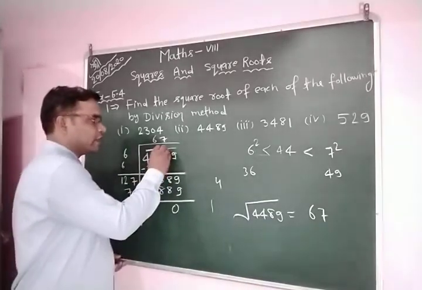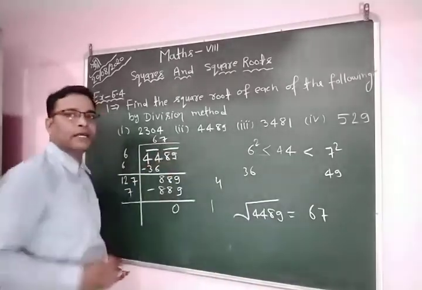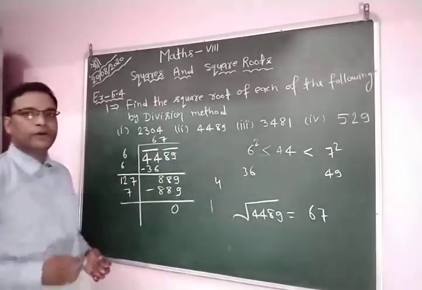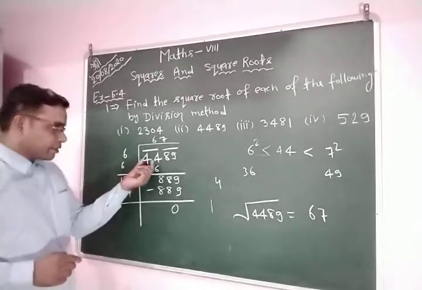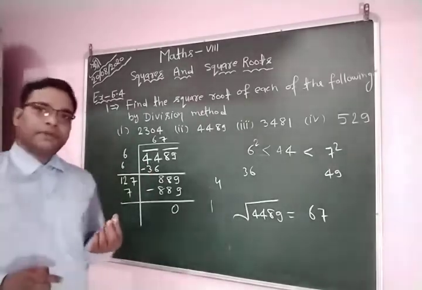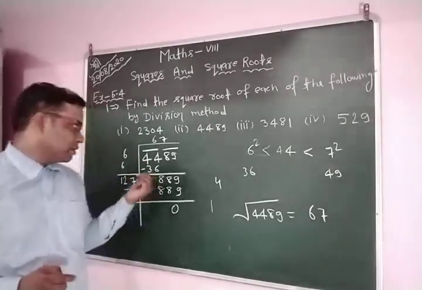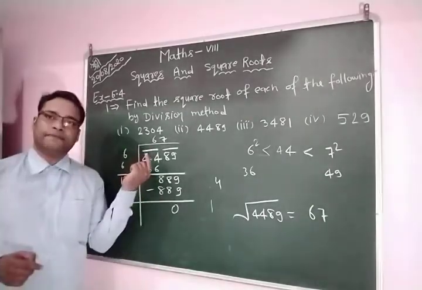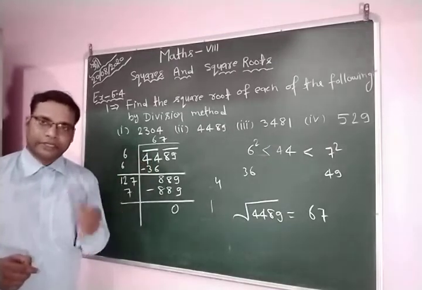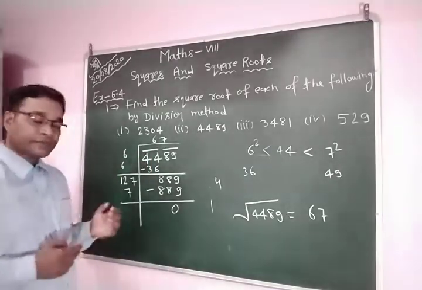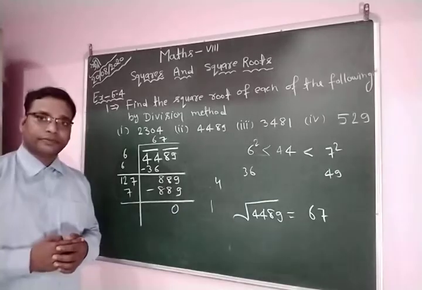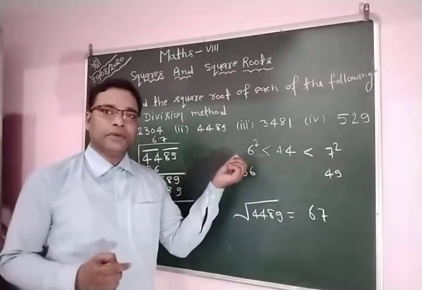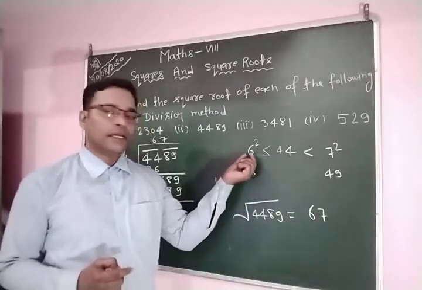You can see here first we put a bar over this pair, again we put a bar over this pair. Then we take the first pair from the extreme left, which is 44. So we select a number whose square is less than or equal to 44.